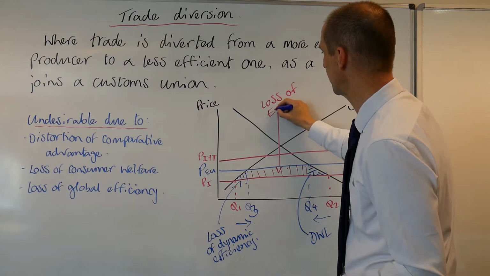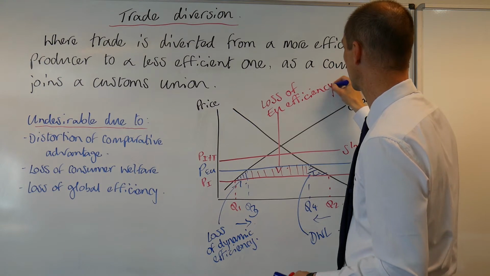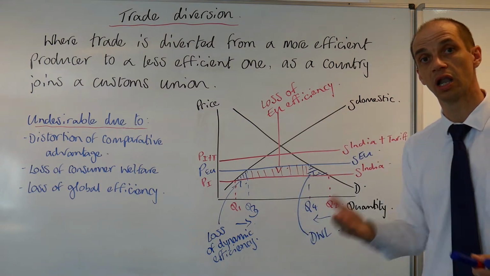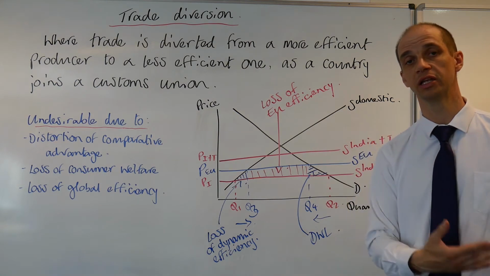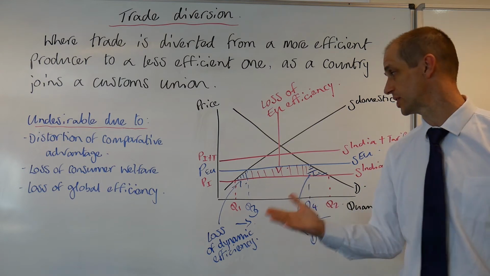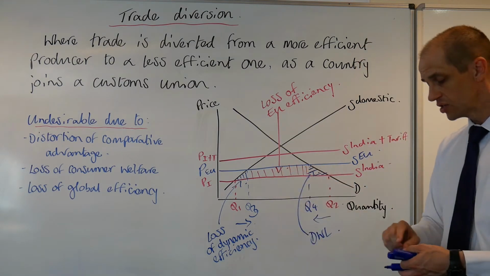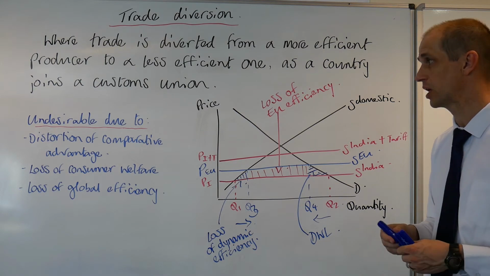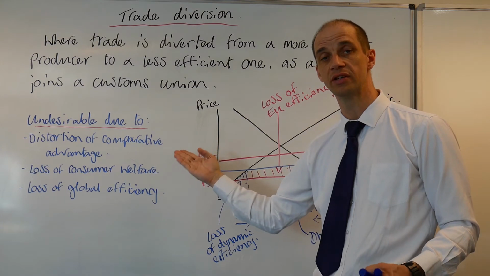Perhaps one of the best examples we could consider in relation to this could be about agricultural produce in relation to coffee and coffee beans being exported to Europe. That provides us with an excellent case study example there. Okay, so this really overall is highly undesirable. What we can see is that this distorts the comparative advantage.